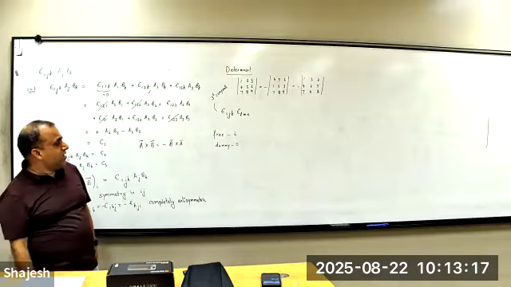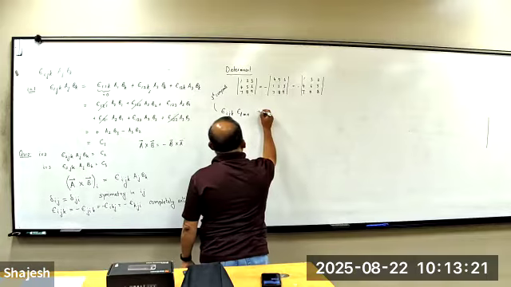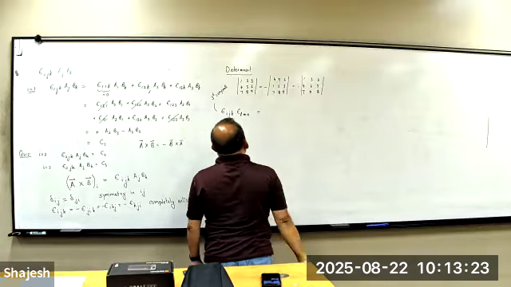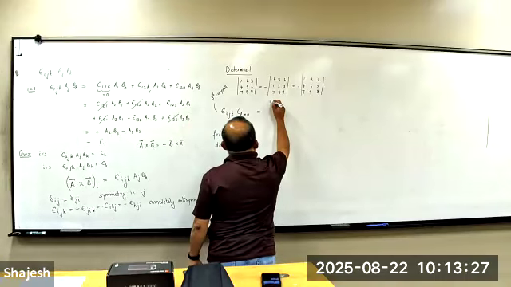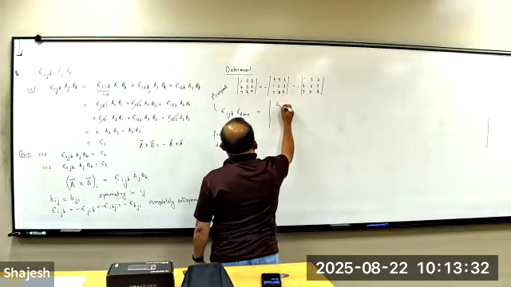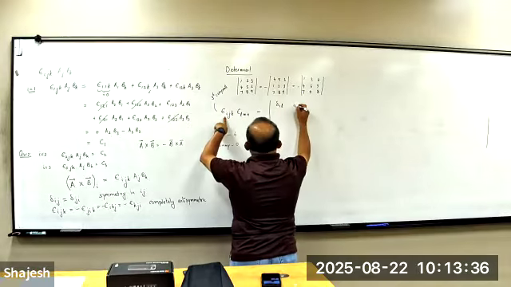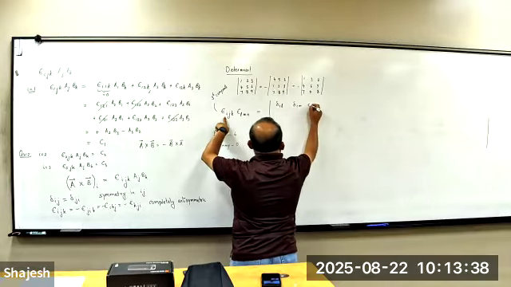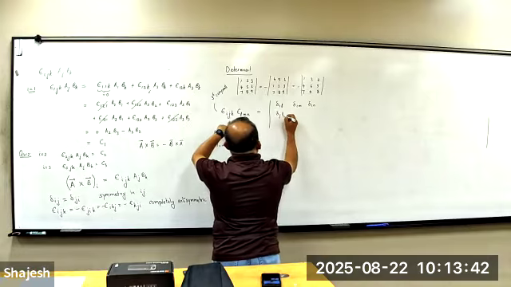But they all can be put together in the following form. This is an identity I'm writing. This can be written in terms of Kronecker deltas. Notice how I'm writing: delta I L, delta I M, delta I N. So it's a very simple pattern.